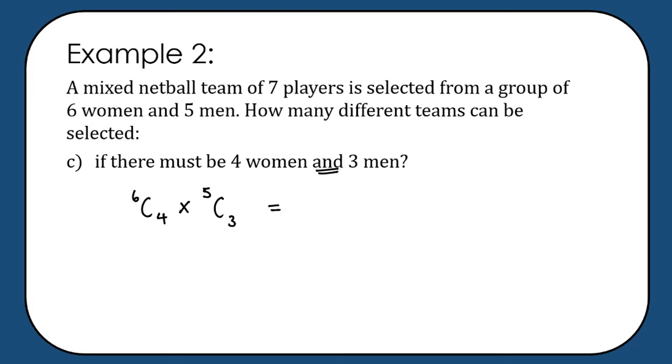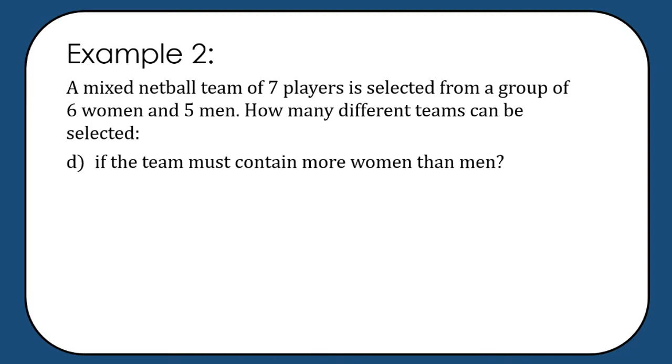In total, out of the 11 people, we've chosen 7 people, but we've chosen from more specific groups than that. Again, we're going to go to our CAS. Menu 5, 3, 6, 4 for 6 choose 4, and multiply that by 5, 3. So we get 150 different teams that can be selected with 4 women and 3 men.